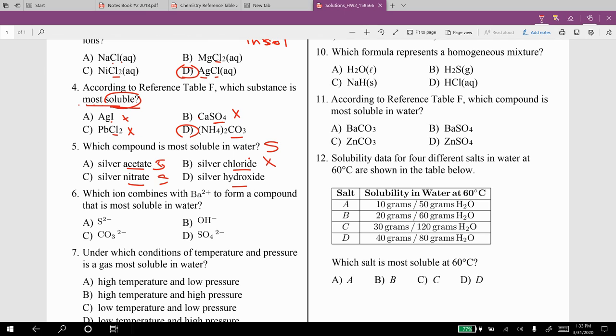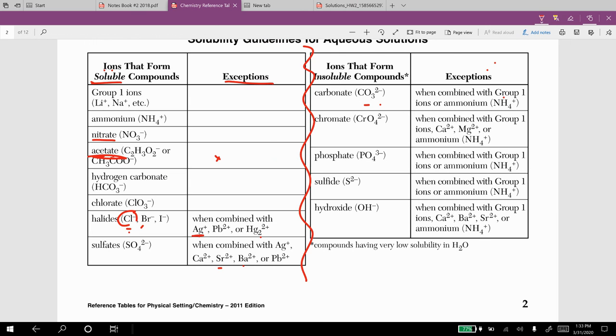And then I have silver with hydroxide. Hydroxides are insoluble.